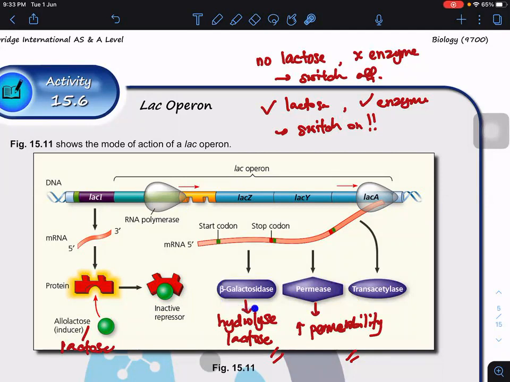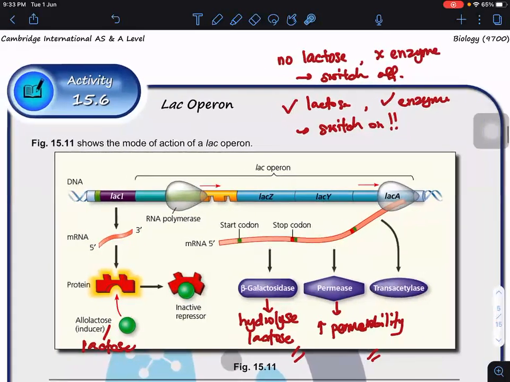When we have the enzyme to hydrolyze the lactose, the concentration of lactose decreases. So lactose has less chance to bind to the repressor protein, which means some of these repressor proteins have a chance to bind to the operator and stop the gene expression. So this is a form of negative feedback mechanism.